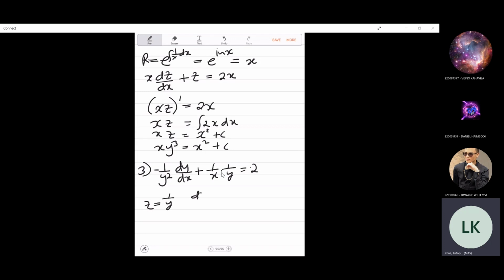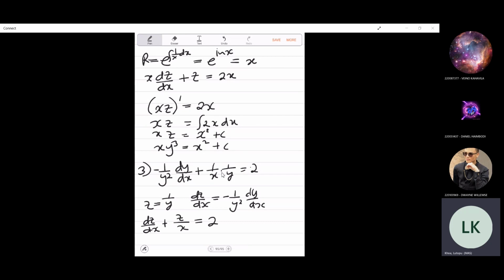This means that dz/dx is negative 1 over y squared dy/dx. And then we substitute. We have dz/dx plus 1 over x times z, or just z over x. This is equal to 2.